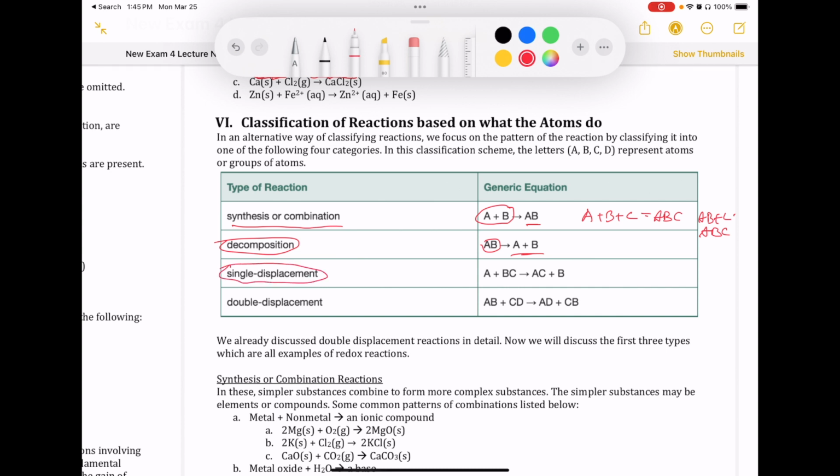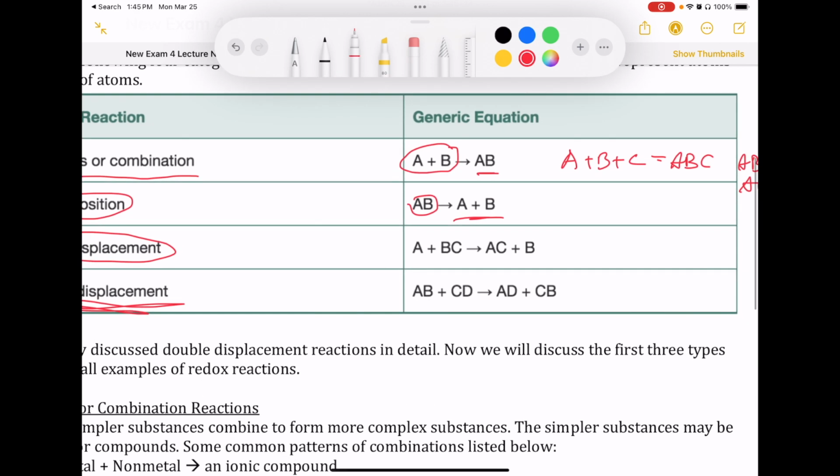Here's a big category of reaction called single displacement. It's sort of similar to double displacement, except that you're only displacing one ionic compound. So the pattern looks like this. You have A, which is an element, and then you have BC, which is an ionic compound. And look at what happens when you go to the product side. The A has basically kicked out the B, so the B now becomes single, a new element.